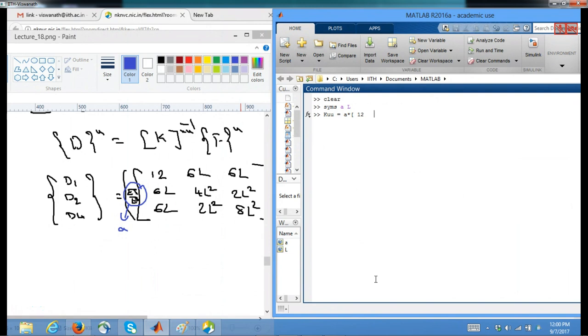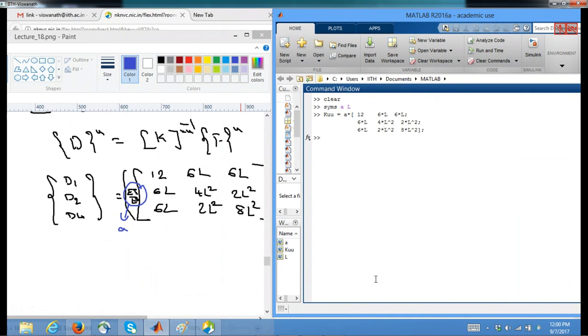12, 6L, 6L, 6L, 4L square, 2L square, 6L, 2L square, 8L square. Let us see for 12, 6L, 6L, 6L, 4L square, 2L square, 6L, 2L square, 8L square.